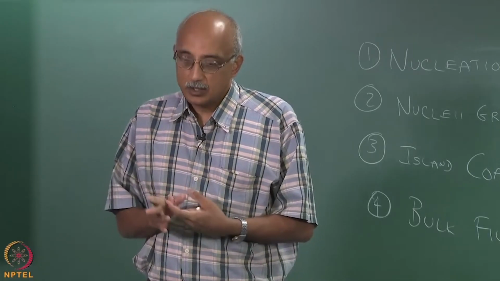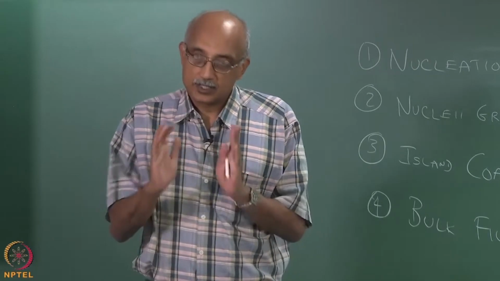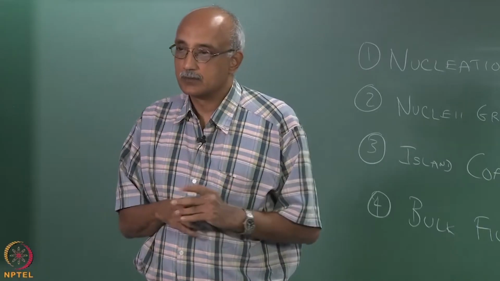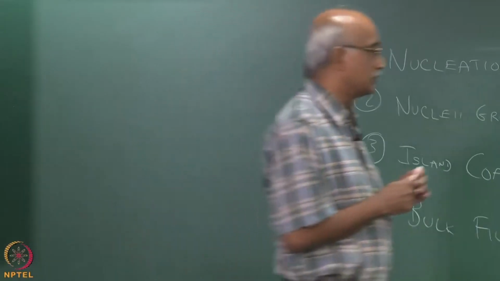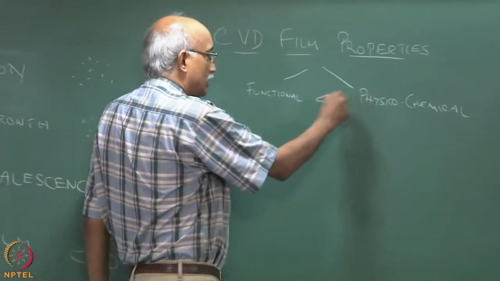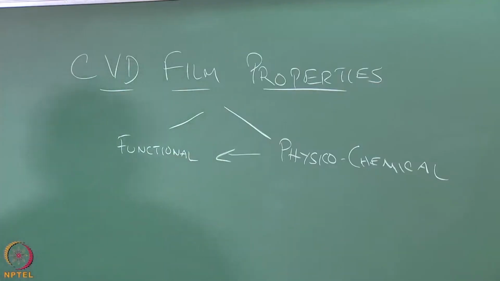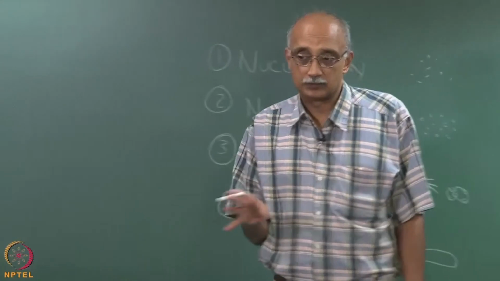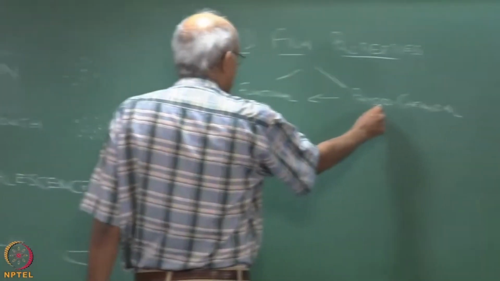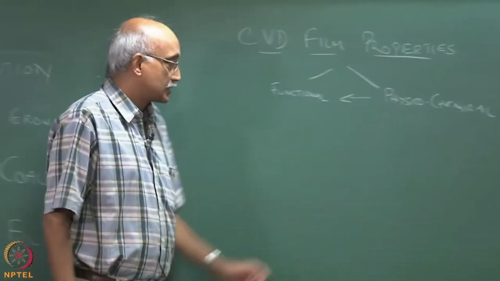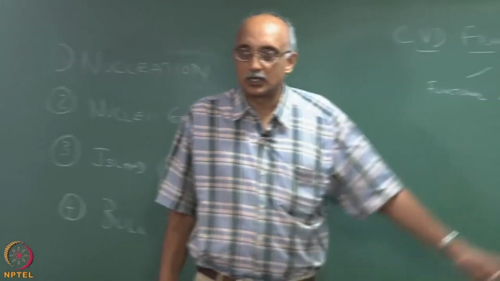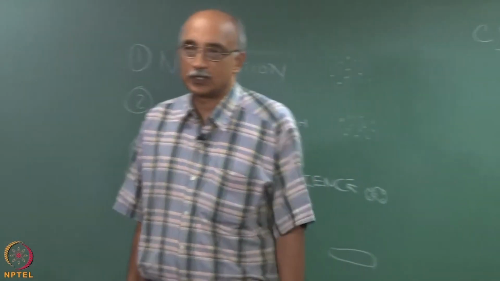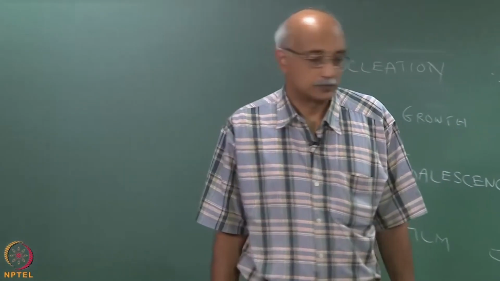However, in order to achieve that quality, in order to achieve that functional value, what we do is we try to control these in order that that happens. So, our direct controls are on these properties, whereas our direct effect is based on the functional properties of the film that we are achieving.